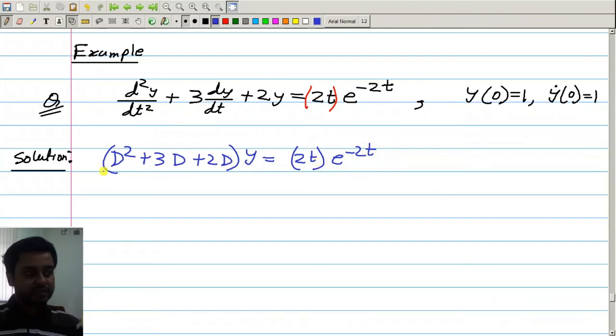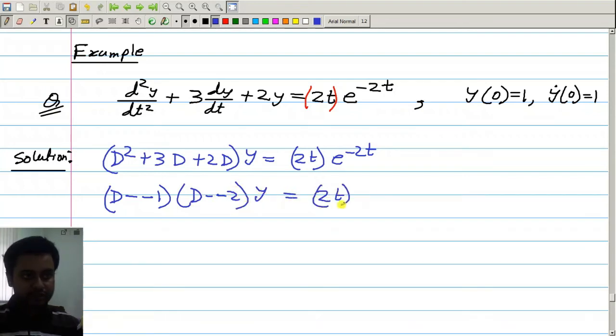and if we factorize this we will get two roots as minus 1 and minus 2. It is easy to factorize. You can write D minus minus 1, D minus minus 2 acting on y gives this input.